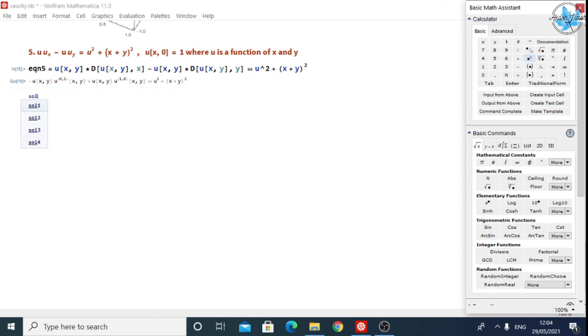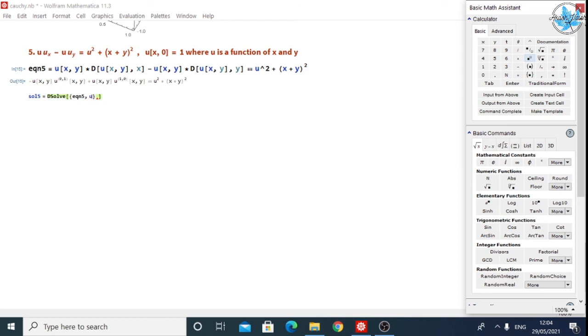Now we will solve this, then simply write the solve5 equals to, use the dsolve command within square bracket, just write the eqn5, and then just write the initial value.